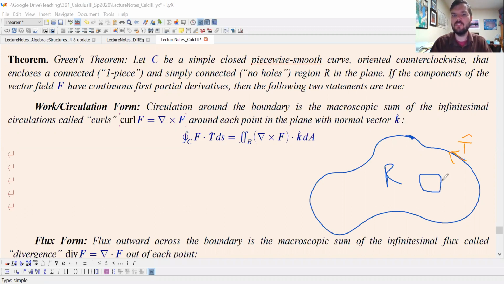And if so, we have to surgically cut in. And then, instead of our unit tangent vector pointing counterclockwise, it comes in, goes around, and then exits back.